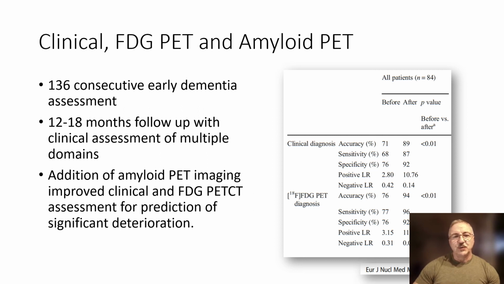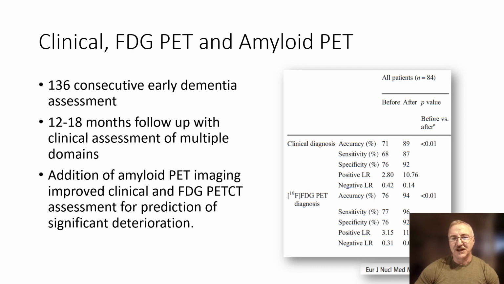I want to just quickly mention amyloid PET. We're not really going to review that a lot today, but I think it's worth mentioning. The addition of amyloid PET in this trial improved the prediction of deterioration over a year and a half for both the clinical and the FDG PET services.